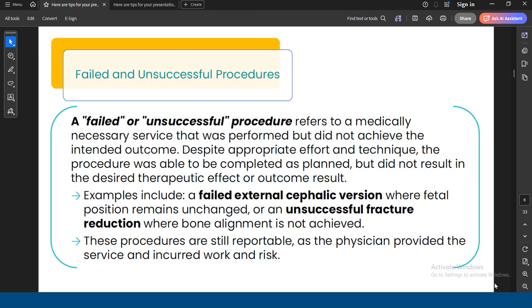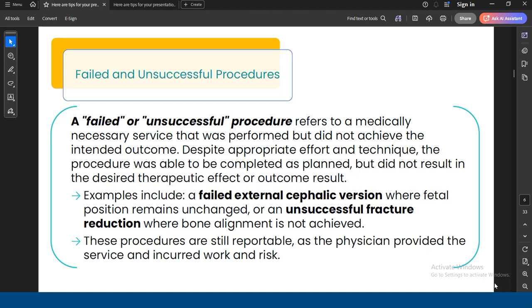Next we have failed and unsuccessful procedures. Okay, so here physician will attempt the procedure, but physician will not get the desired result. So that time we will use failed and unsuccessful procedures. So most common examples are physician will perform the external cephalic version if the baby is in the breech presentation.